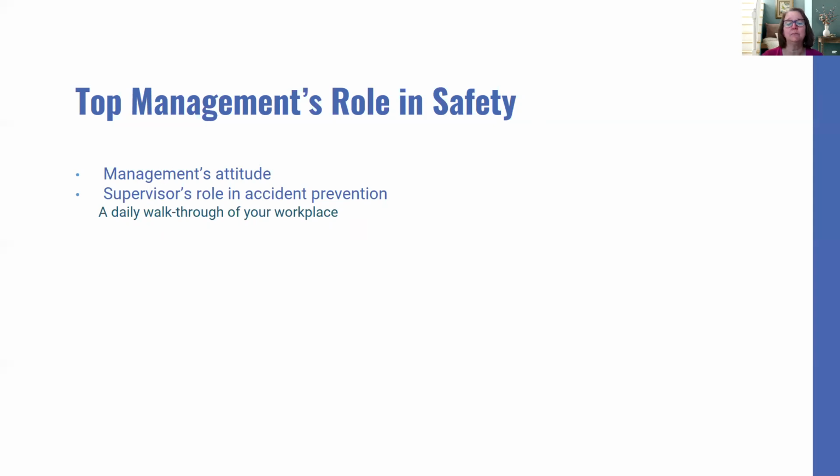Management's attitude is crucial, but telling employees to work safely is futile. Management has to take safety seriously, and employers should institutionalize their commitment with a safety policy, publicize it, and give safety matters high priority. The supervisor's role in accident prevention is crucial.